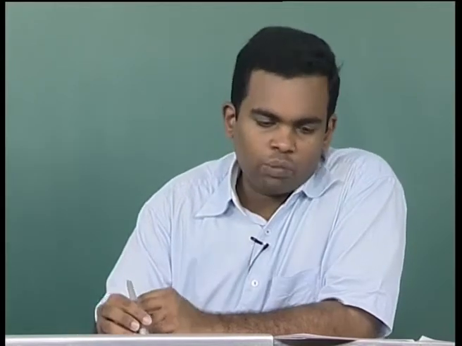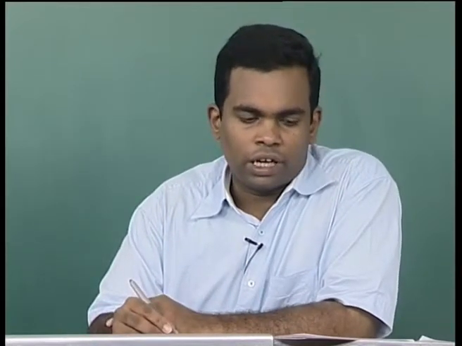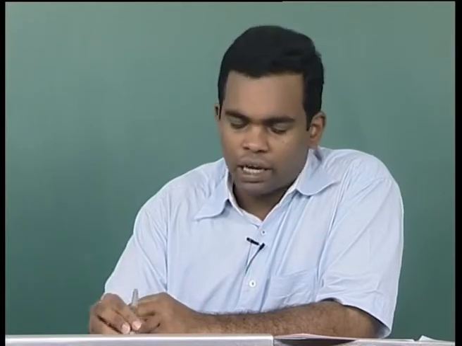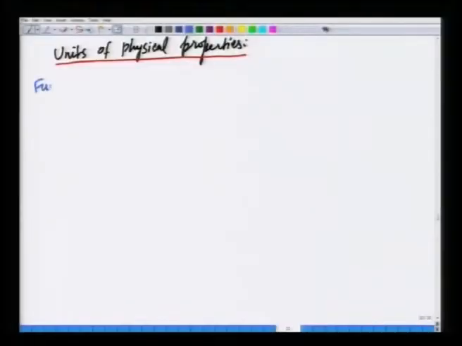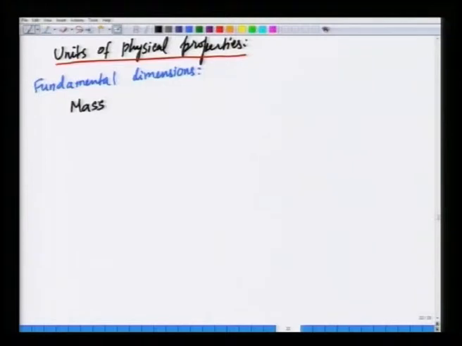Every physical property in the physical sciences has a characteristic dimension, and the following quantities are said to be the fundamental dimensions. The fundamental dimensions are conventionally assumed to be mass, denoted by M, length, denoted by L, and time, denoted by T.